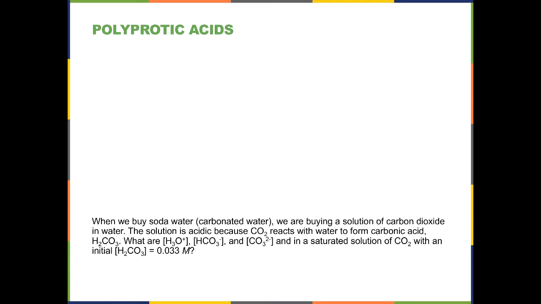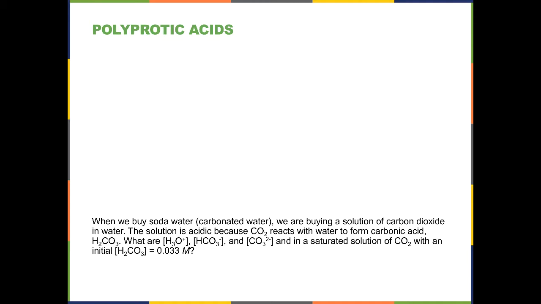Okay, so one such diprotic acid is carbonic acid. And carbonic acid or carbonated water is produced by dissolving carbon dioxide in water. The solution that results is acidic because of the carbonic acid that is formed.